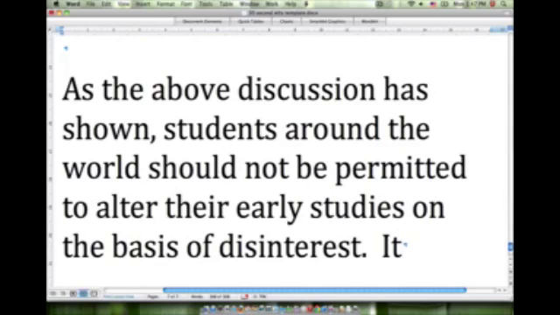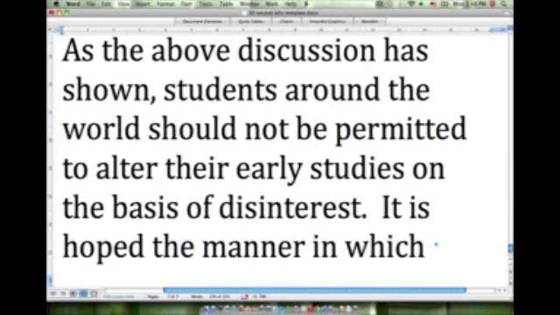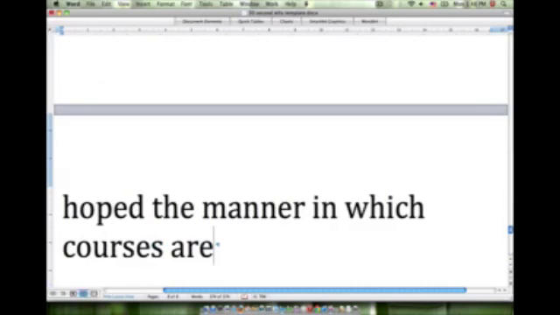So maybe we can start, it is hoped the manner in which courses are offered. I think among most countries, maybe not all countries, but most countries today, the core courses cannot be changed.